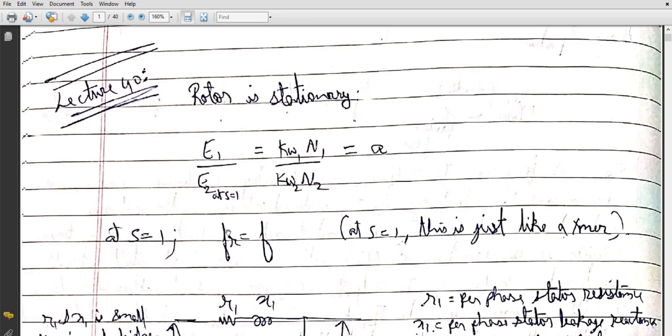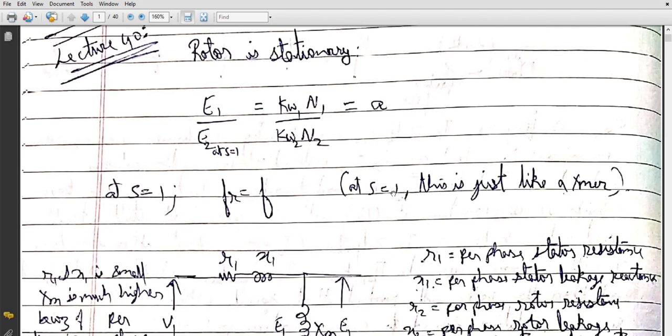But right now I want you to understand the induction machine when it is stationary. When the rotor is stationary, that means the slip is 1, Fr equals F, so the rotor frequency is equal to the supply frequency. That is why at S equals 1 this is just like a transformer.